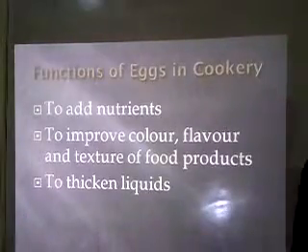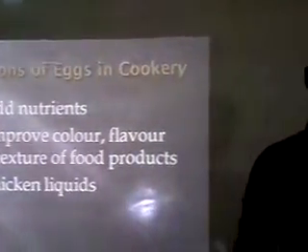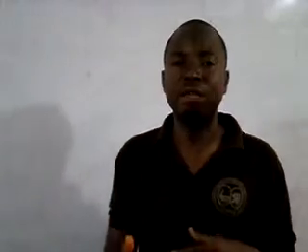And when egg is being added to food, because of the fat of the yolk, it makes the food crispy and also makes the food tender. When we talk about the texture, we are referring to the smoothness or the roughness of the substance. Therefore, when egg is being added to food, because of the liquid, it either makes the food solid, rough, or smooth.